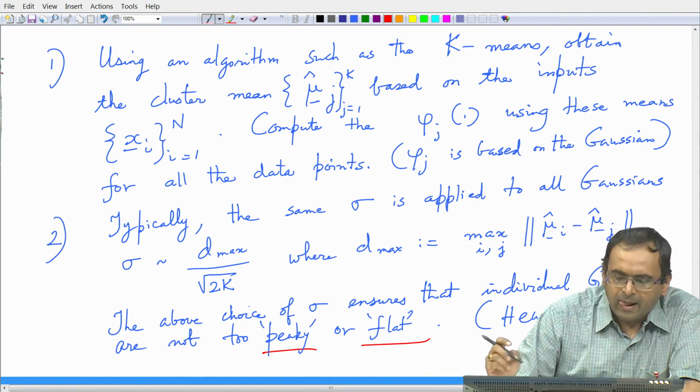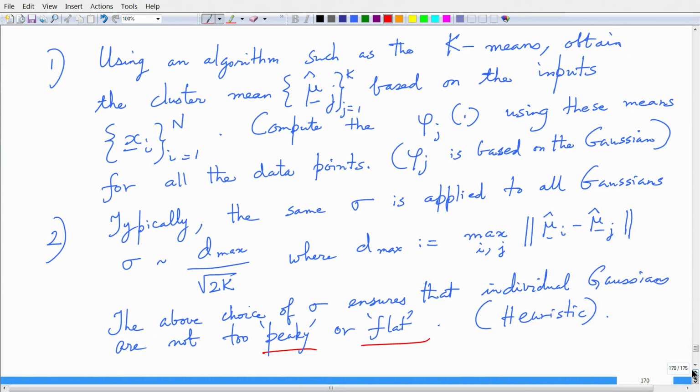Now, using an algorithm such as the k means algorithm, we can obtain the cluster means mu j hat here, the hat indicates it is an estimate, j going from 1 to capital K, because we have k such clusters, and this is based on the inputs that we have xi, i going from 1 to n.